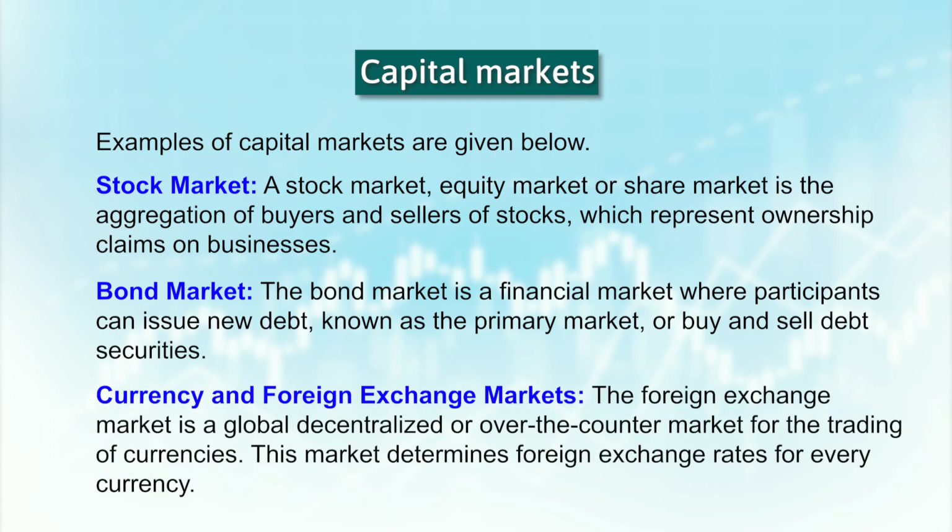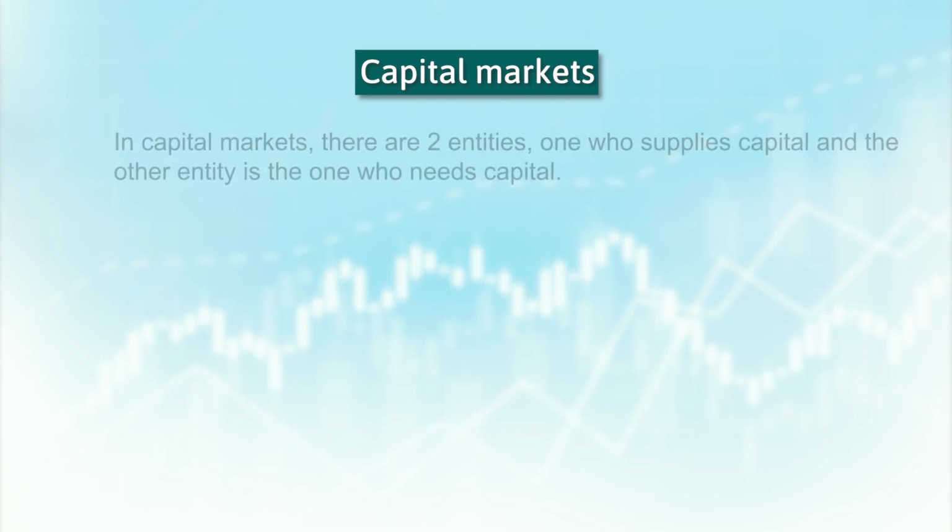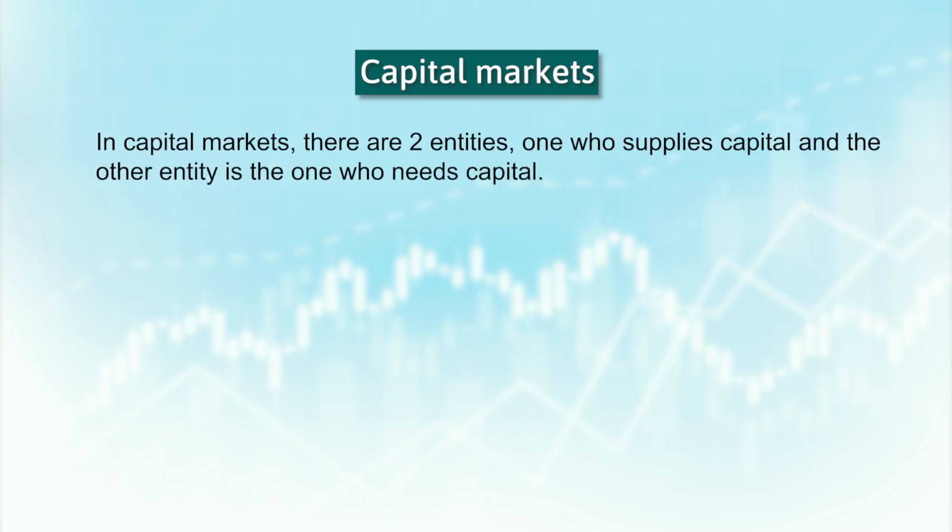And thirdly, we have the currency and the foreign exchange market. The foreign exchange market is a global, decentralized or over-the-counter market for the trading of currencies. This market determines the foreign exchange rates for every currency in the world. If we look at the capital market, we can see that basically there are two entities.